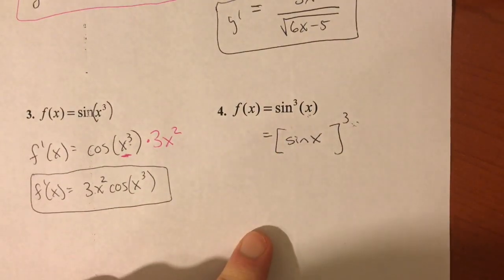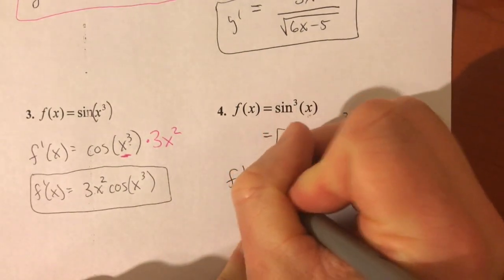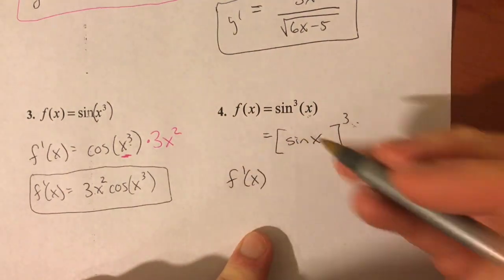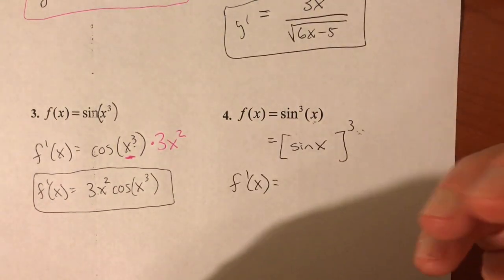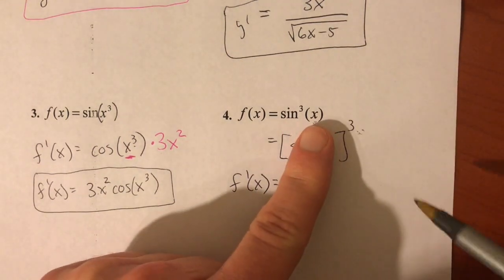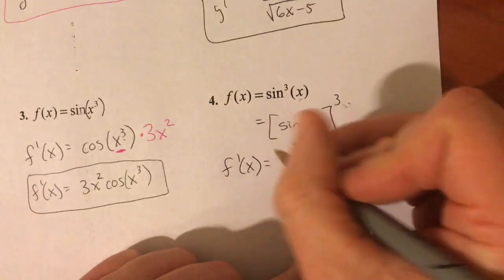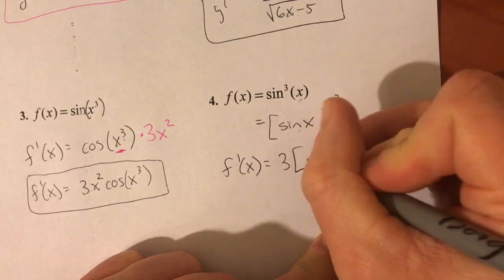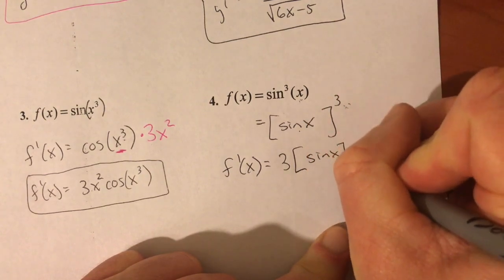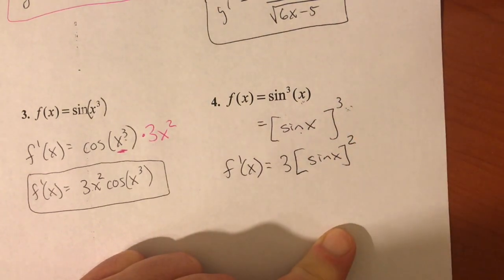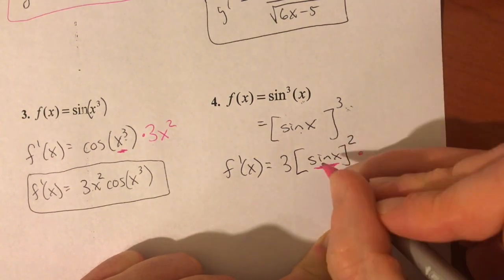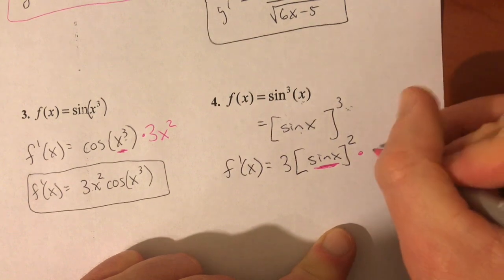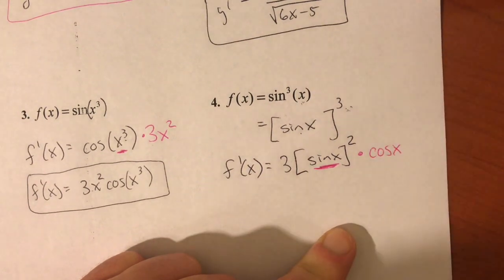And that's one of the most commonly messed up things with chain rule, that order of operations. What's the outer function? So the derivative of something cubed is 3 times that something squared, and then multiplied by that something's derivative. What's the derivative of the inner function, sine of x? Cosine of x.